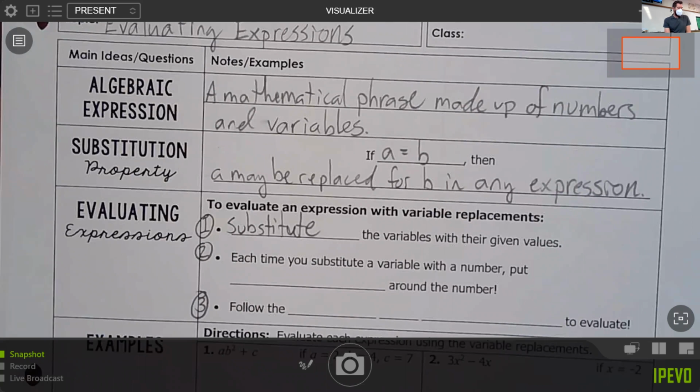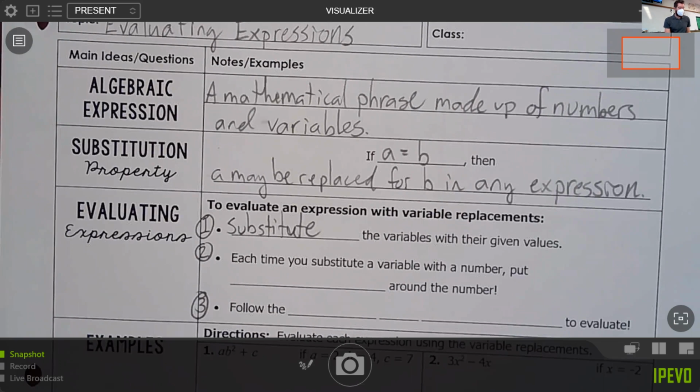So basically, if it tells you what the variables are equal to, in terms of a number, plug those numbers in, replace the letters with the numbers. That's step one. Then once you do that, make sure, and this is kind of an important thing to do, especially when it comes to negatives and especially when it comes to exponents, each time you substitute a variable with a number, put parentheses around it.